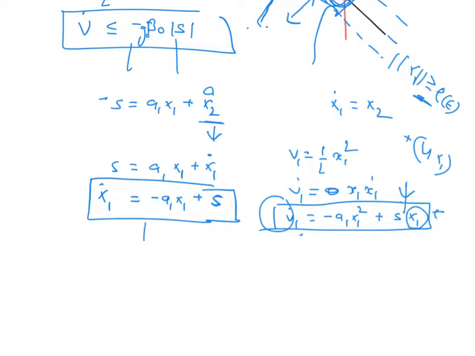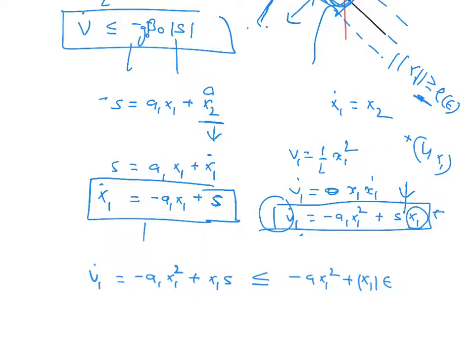Okay, so now what I can do is, we have v1 dot was minus a1 x1 squared plus x1 s, which is less than or equal to minus a1 x1 squared plus the absolute value of x1 times epsilon, right?